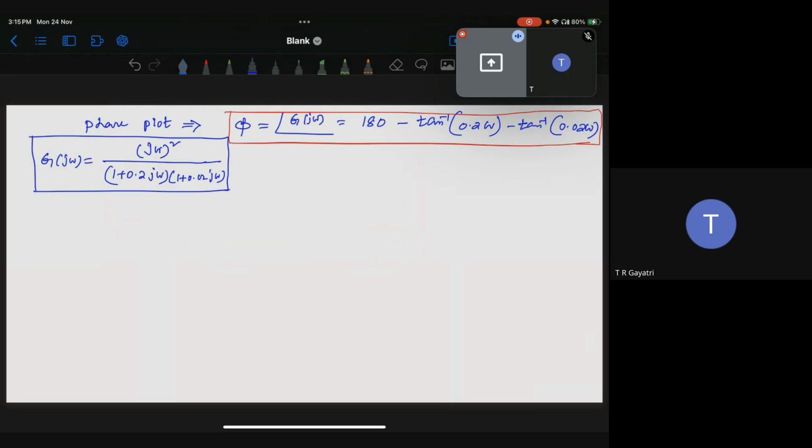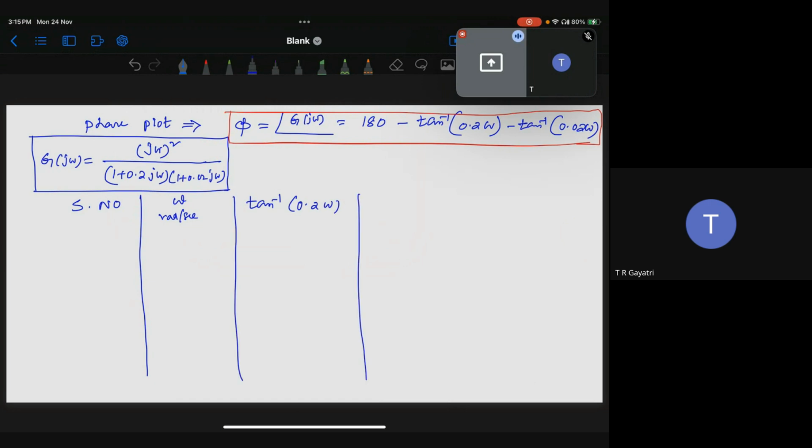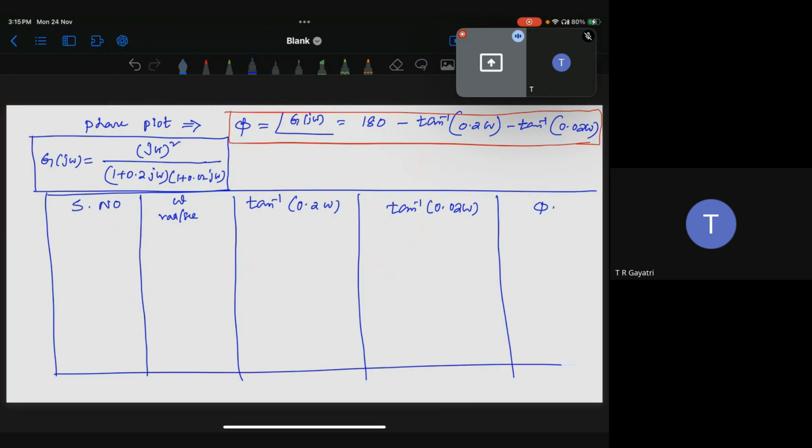Now, just like the previous case, we form this table. Serial number, omega in radians per second, tan inverse 0.2 omega, the other one is tan inverse 0.02 omega, and the last one is phase.